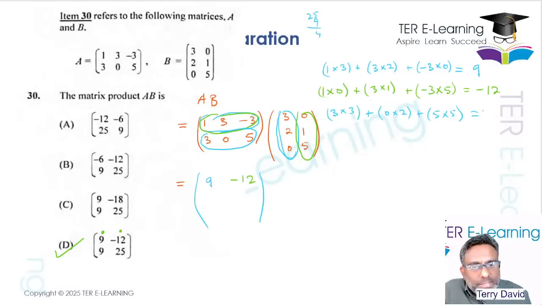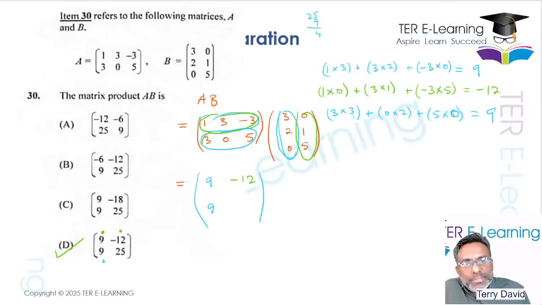Is that correct? Something's kind of wrong though. 3 by 3, then 0 by 2, and then 5 by, oh, this is a 0, sorry. This is a 0 here. So that's going to just give us 9. So this here is going to be a 9. So more than likely the answer is D.